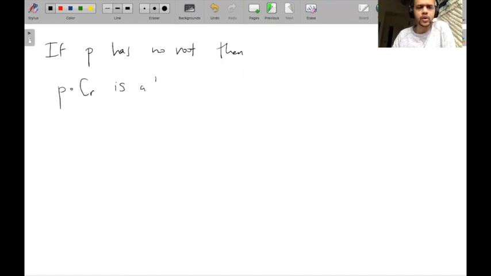This is a loop also in C without the origin. In general, the image under P might map through the origin if there's some root, but if there's no root, then the image of C_R is some loop that misses the origin.